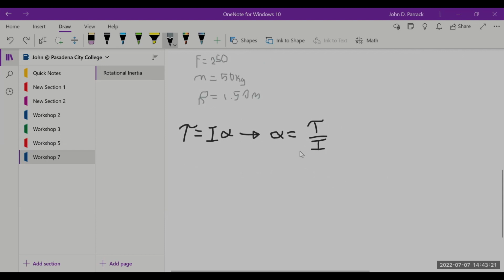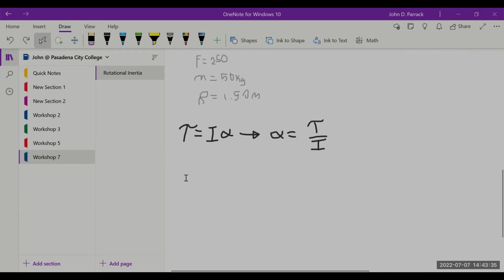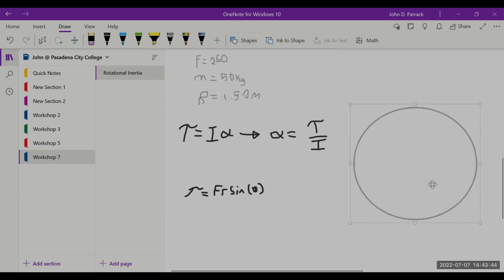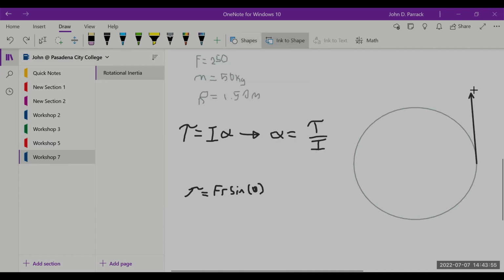Okay, so let us first do the torque. I showed you guys earlier that the torque is going to be equal to F R sine theta. And we have here our merry-go-round. That looks round enough. And the father is pushing it. So let's give him the force. So here is our force. This is a force of 250 newtons.